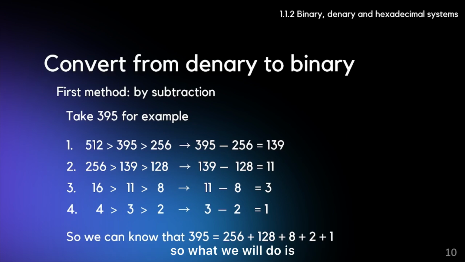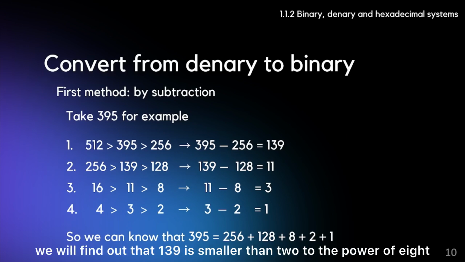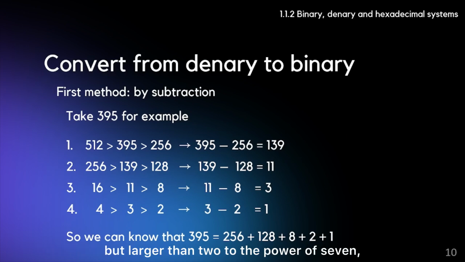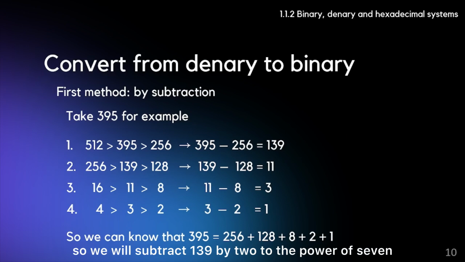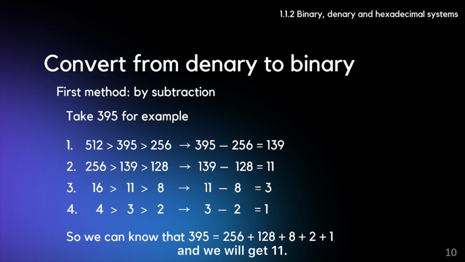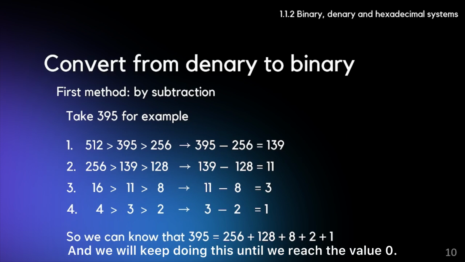So we will subtract 2 to the power of 8 and we will get 139. In the second step, we will find that 139 is smaller than 2 to the power of 8, but larger than 2 to the power of 7. So we will subtract 2 to the power of 7 from 139 and we will get 11. And we will keep doing this until we reach the value 0.